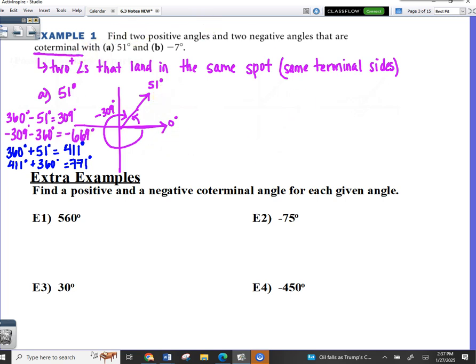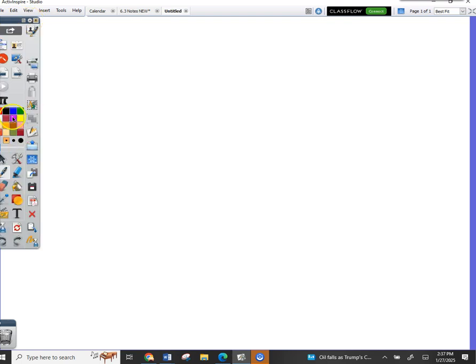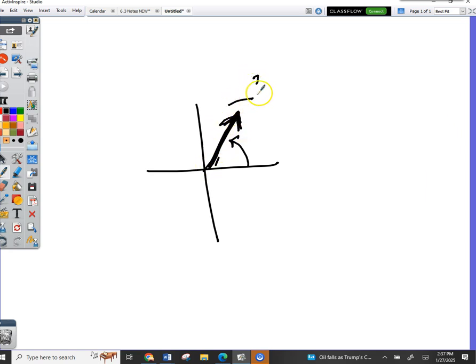All right. Now you might be thinking, why did that seem painful? Because first of all, it's your first time looking at it. Watch this. If you have an angle that's opening up to right here, and we want to know what are all the possible angles that can land right here, the difference is simply full 360s.